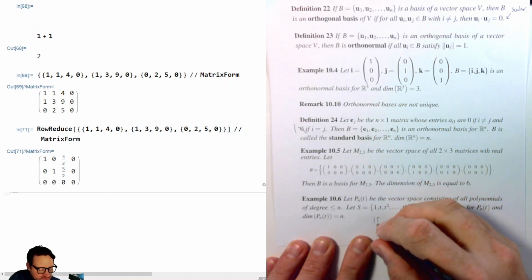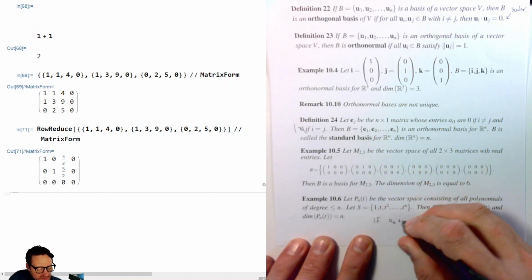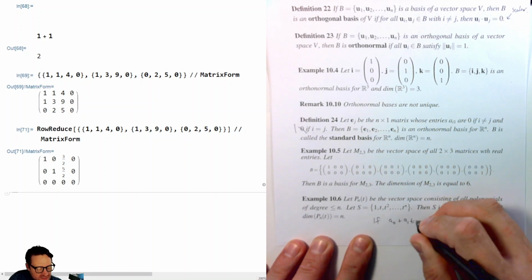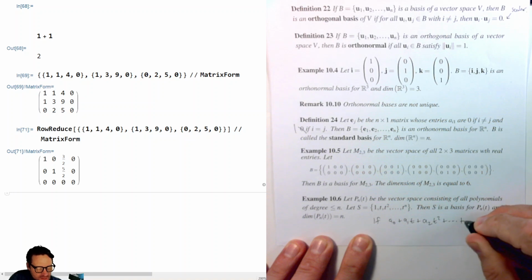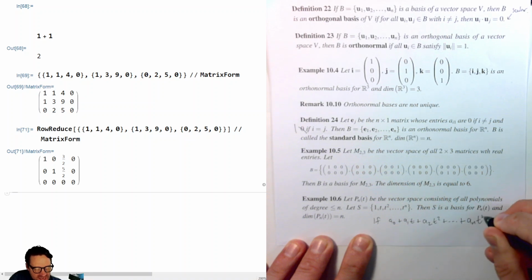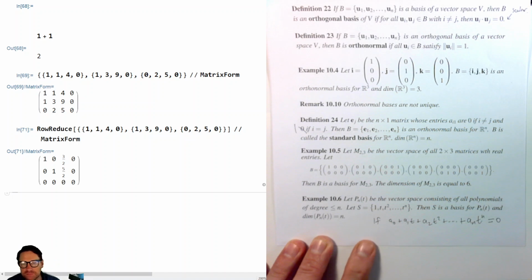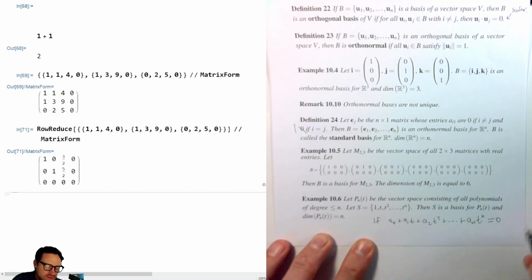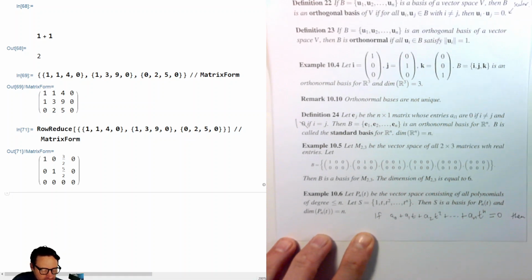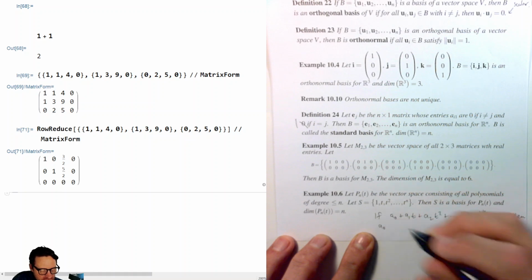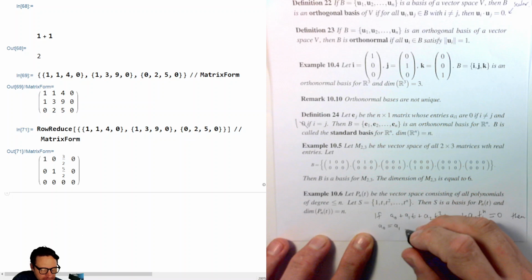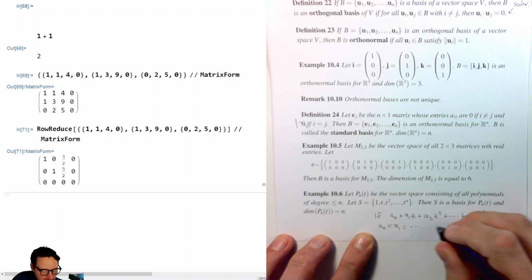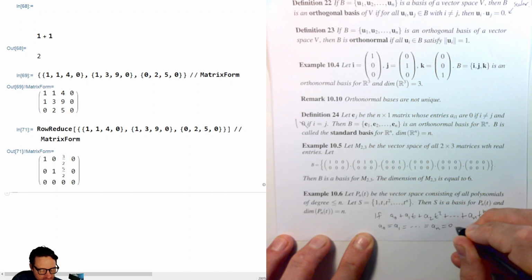So if a0 plus a1 t plus a2 t squared and so on plus an t^n is 0, then I must have a0, a1, all 0.